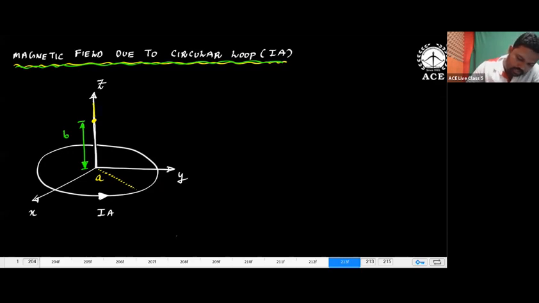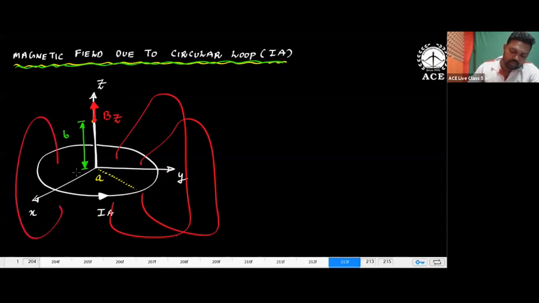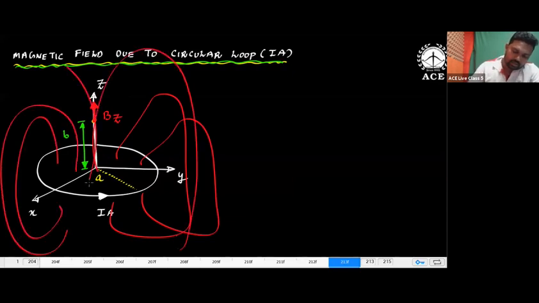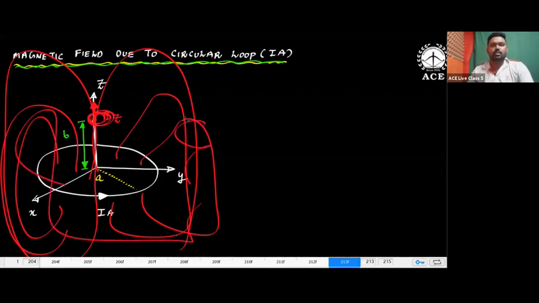Remember, I'm just taking away from the center. I'm going to represent it as BZ. Actually, the overall magnetic field would be like this. We are finding only here, not here, here, here, here. What is required is only at that point.